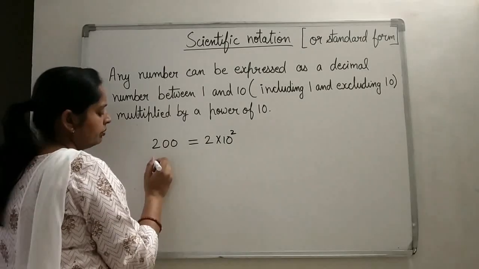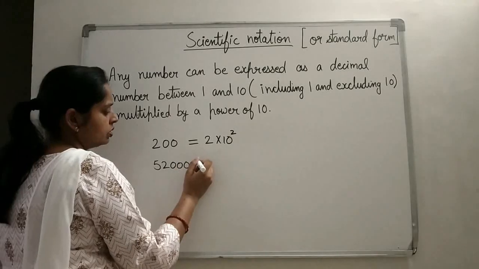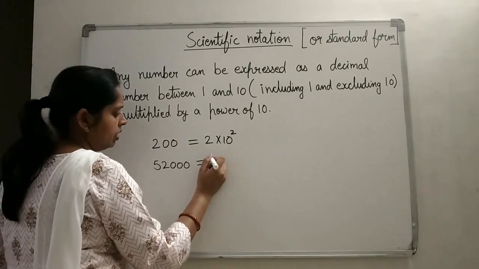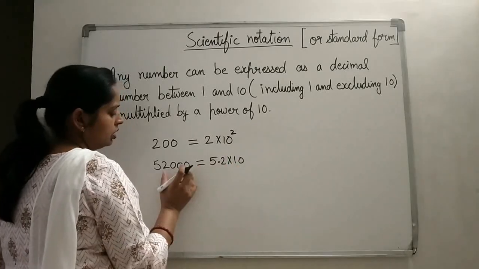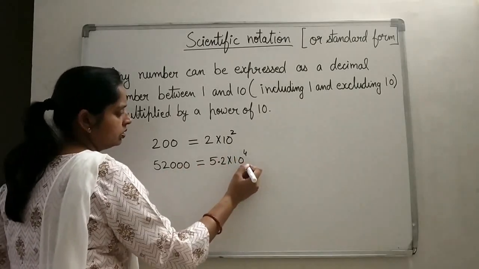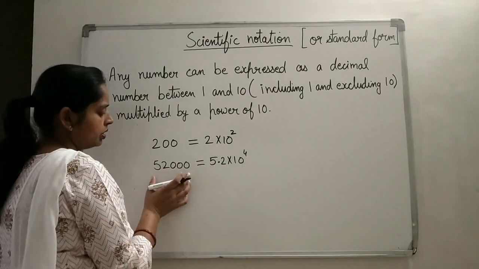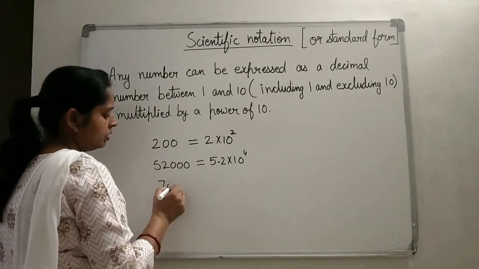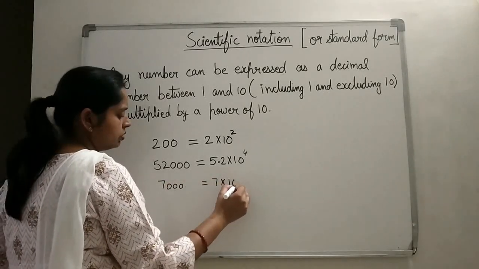Suppose you have 52,000. This can be written as 5.2 into 10 to the power 4, right? If you multiply and solve it, you will get this number. If you have 7,000, this is equal to 7 into 10 to the power 3.